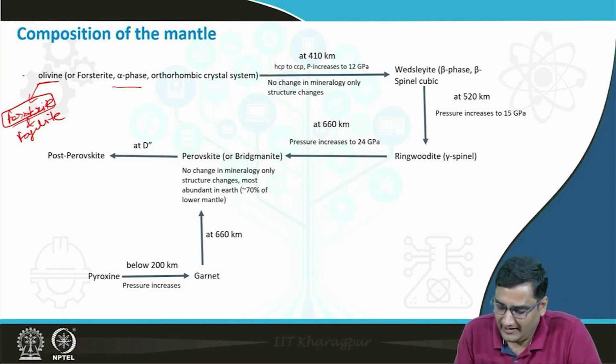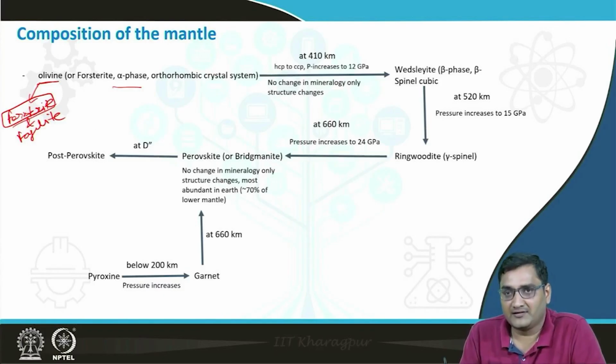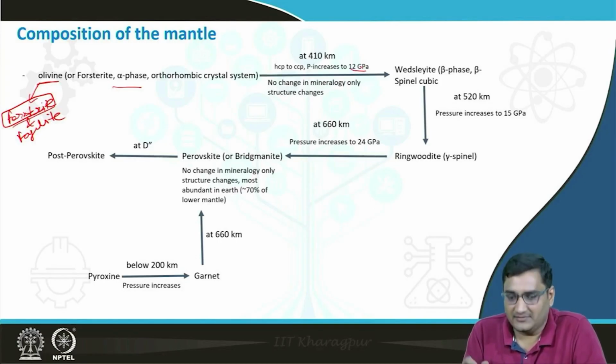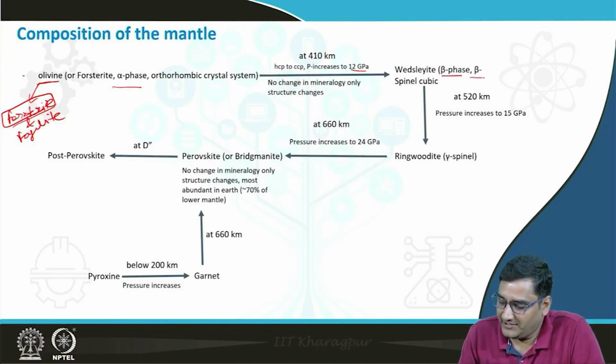At the 410 kilometer discontinuity, the pressure is increasing and reaches up to 12 gigapascal. Then what happens? This olivine, of alpha phase, converts to beta phase, and it is a beta spinel cubic structure.